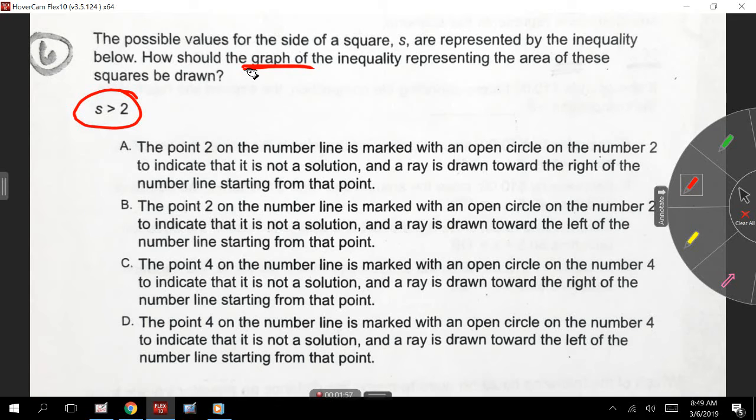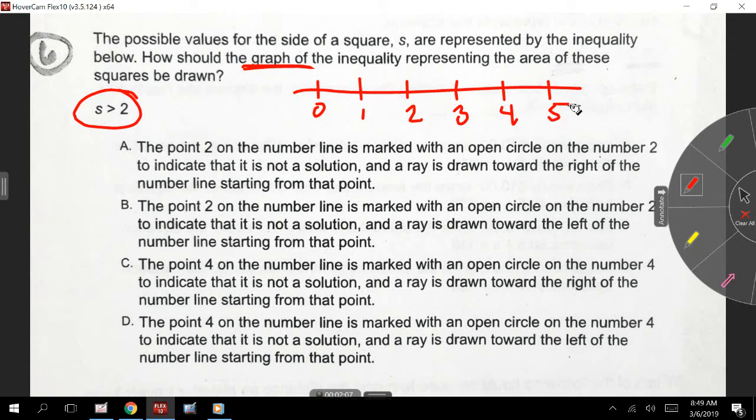It's been a while. All right, and we put them on number lines. So I'd have a number line, 0, 1, 2, 3, 4, 5. So there's my number line. All right, what's the first thing I would need to do if I was going to graph that? So if I'm drawing it out, and make sure you're drawing it out if you're having some trouble on this. What do I need to do first to graph number 6?